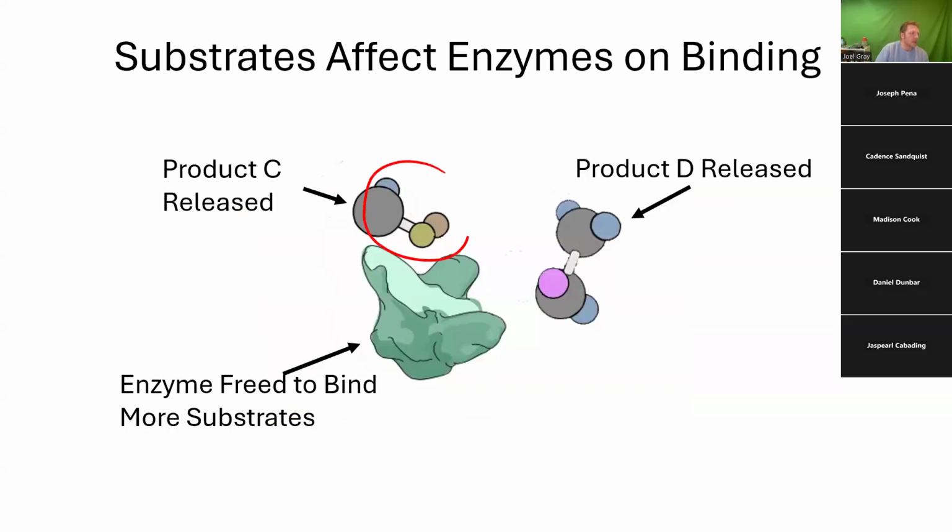Answer Y or N. Is C the exact same molecule as substrate A? Y or N? Is it the exact same? No, it's not, because it lost that pink part of it. Now, product D, is that the exact same as substrate B? No, it is not. So our two products, C and D, have been released.